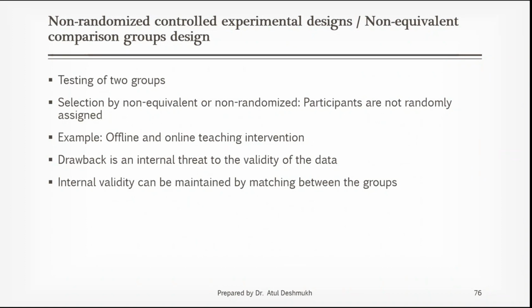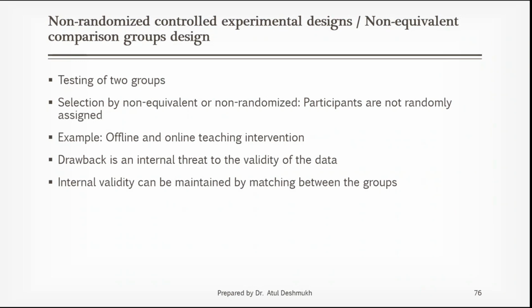That is a drawback. There is no internal validity. You cannot have internal validity when you have this kind of problem. If you want to introduce internal validity, matching is mandatory. Matching in terms of what? Suppose most of my students are teachers, working with teaching organizations or colleges, who will come for offline or who are part of the university.